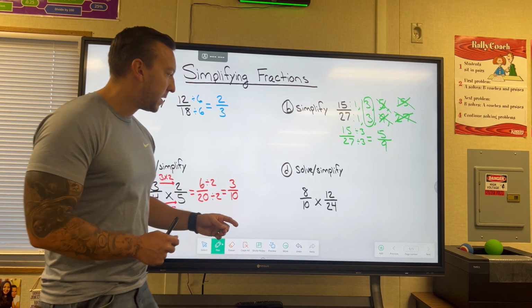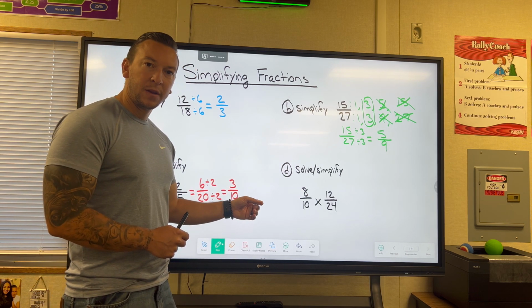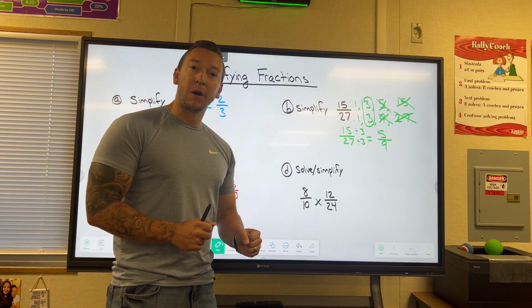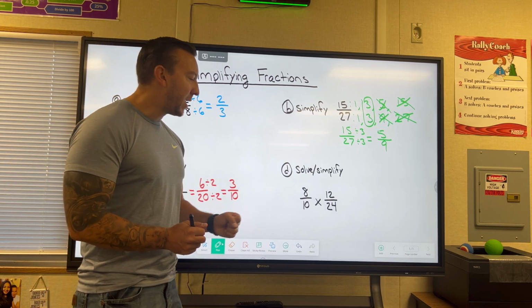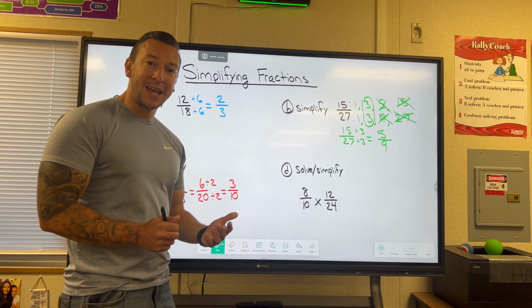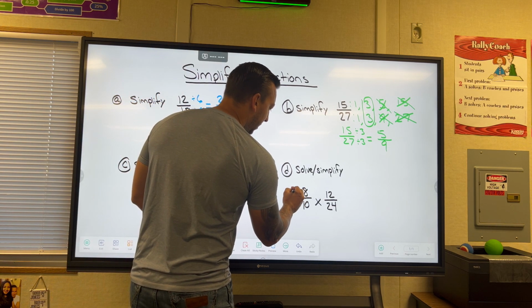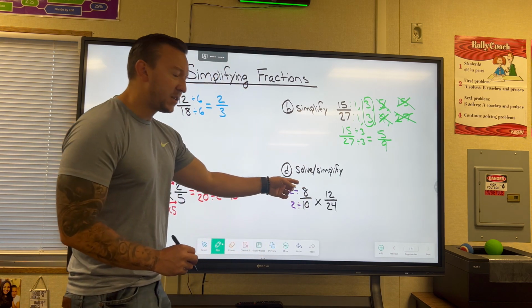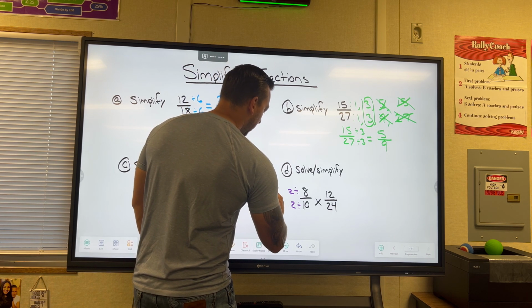Let's do that. So I'm going to write out all my factors for 8 and 10, find my greatest common factor, and then divide, and I'll do the same thing for 12 over 24. Now if you did that, the greatest common factor for 8 and 10 is 2. So if I divide by 2, 8 divided by 2, well, that's going to get me 4.